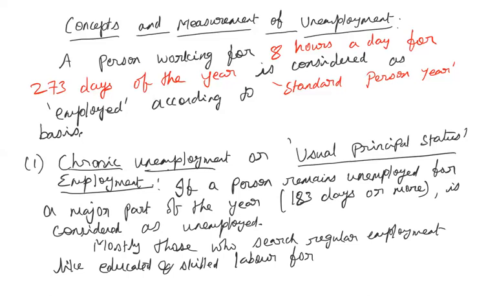Then and there, whatever job is available to them, they will work. But not the educated and skilled people; they want work according to their qualification and their skill. So they fall under this category.